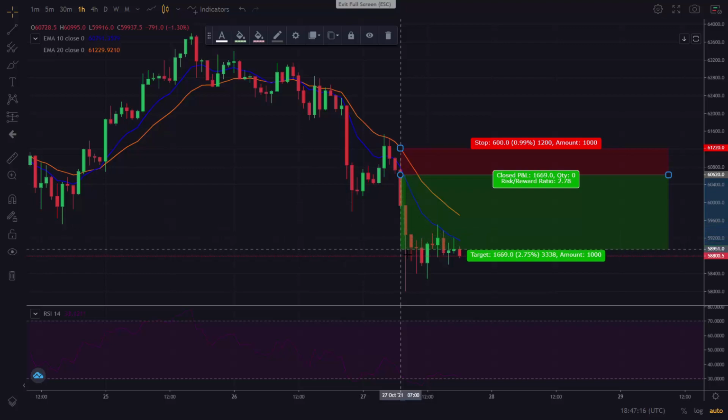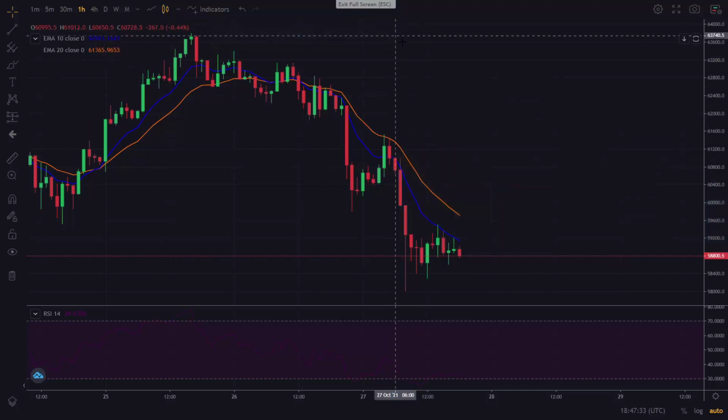So we can move our take profit point anywhere around this area, which gives us a very good high risk reward ratio. So as you can see, this strategy is very simple to follow, and if done well with discipline, can give you a lot of profits.